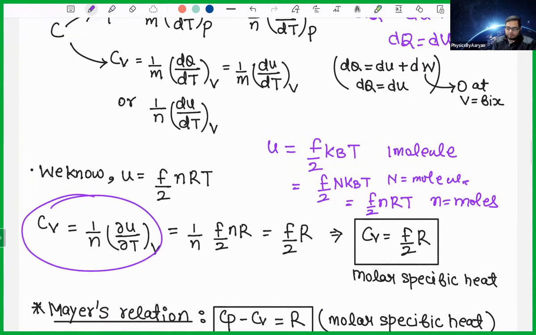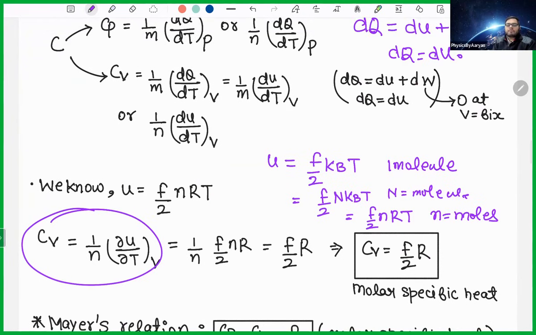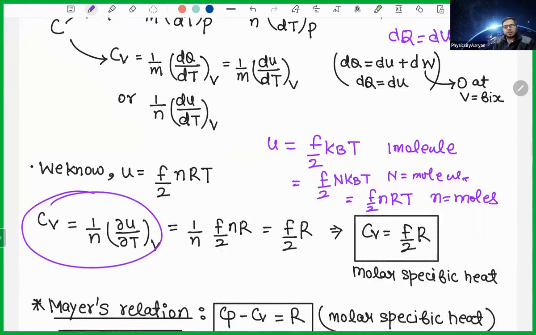So I am trying to define molar specific heat, and U is given to you as F by 2 nRT. This is my CV: CV is given by 1 by n into dU by dT.